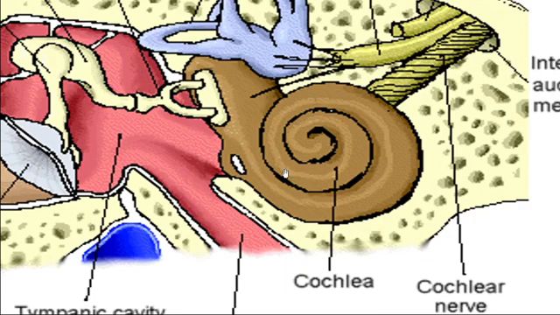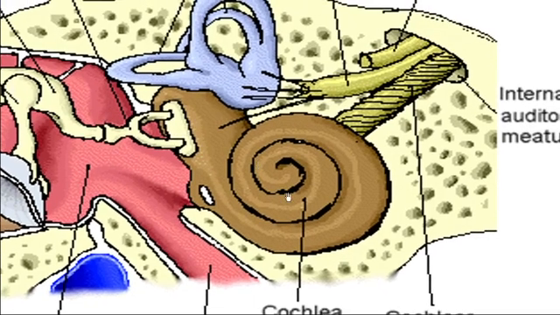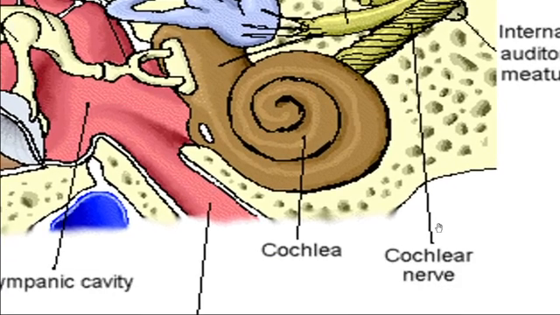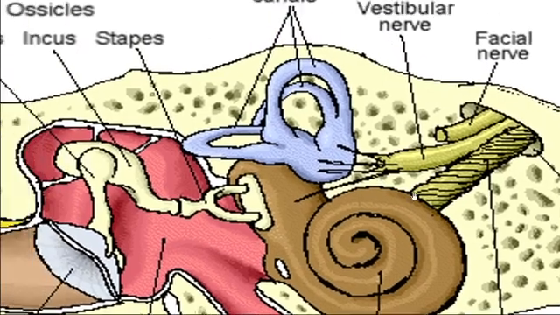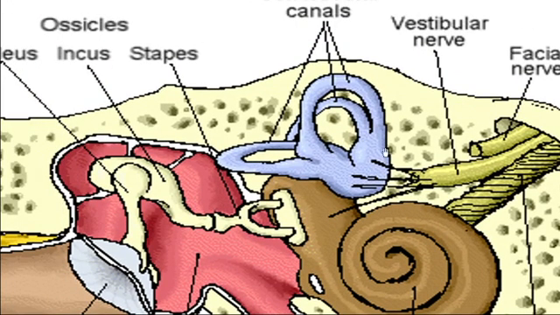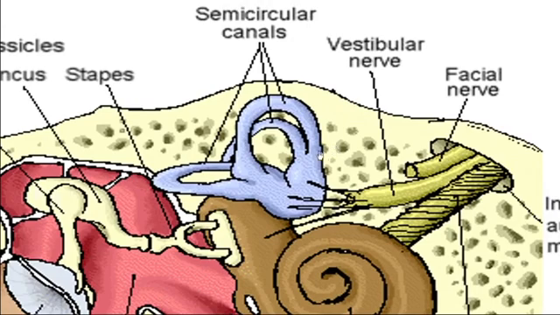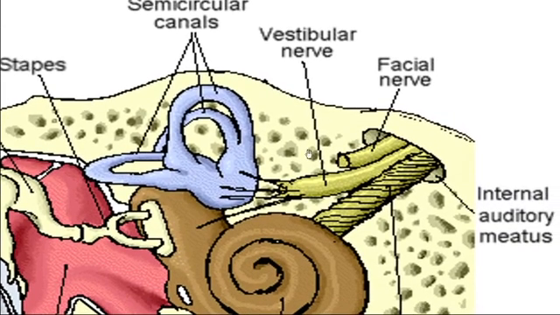There are some nerves and receptors in this place that receive the sound transmitted from the stapes and pass it to our brain through the auditory nerve, which is known as what? The cochlear nerve. So this is where the sound is interpreted as what we hear. This is what maintains human balance and determines our orientation in space. We also have the facial nerves.